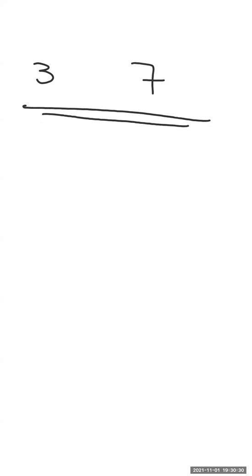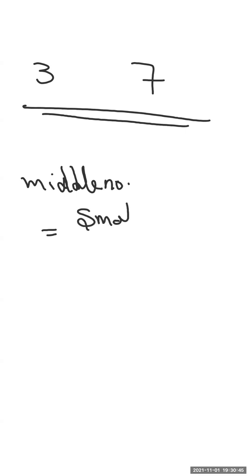Smaller with greater. The middle number will equal, there are two options, the smaller number and the greater number.